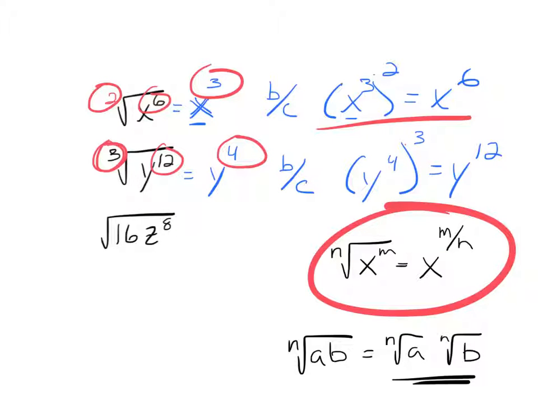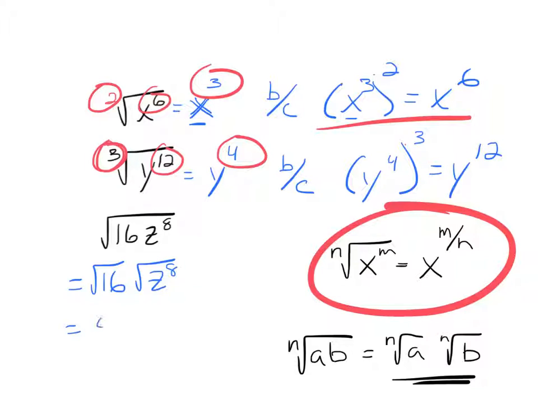That's really important. What that means is that in this example, where I have the square root of 16 times z to the 8th, I don't have to think about all this at one time. I simply can think about the square root of 16 and the square root of z to the 8th, which we've covered in these last examples.